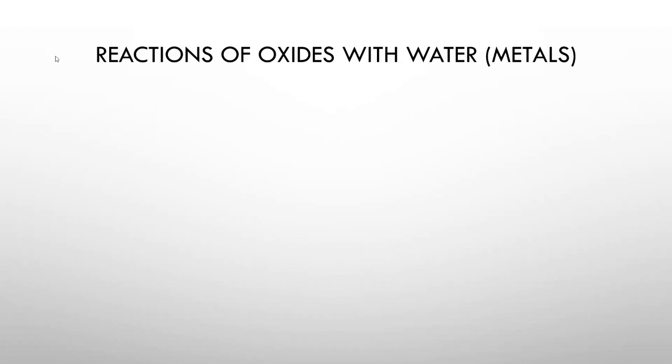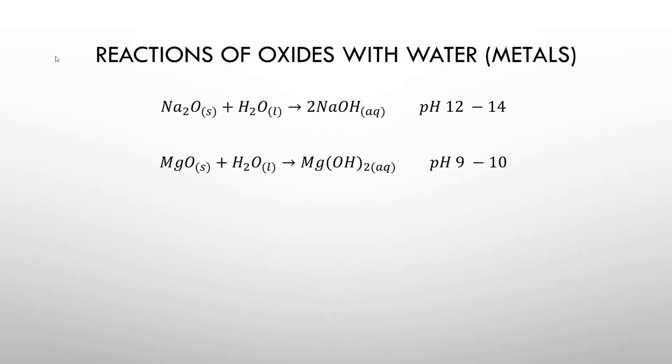Okay, now we're looking at the reactions of the oxides with water. Sodium oxide with water forms sodium hydroxide with a pH of 12 to 14. Magnesium oxide forms magnesium hydroxide, pH 9 to 10.